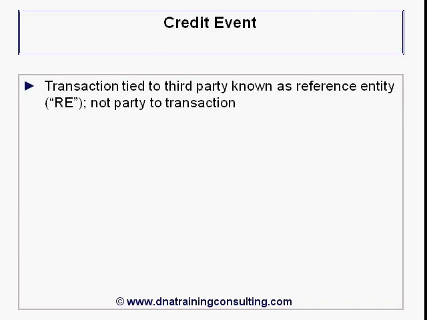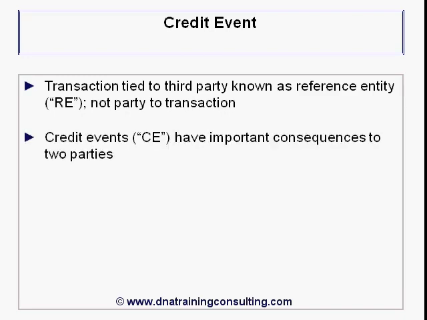The transaction is specifically tied to a third party, called the reference entity, whose financial condition will be monitored throughout the life of the swap, but which is not a party to the transaction. The contract defines certain events, referred to as credit events, which have important consequences to the two parties.